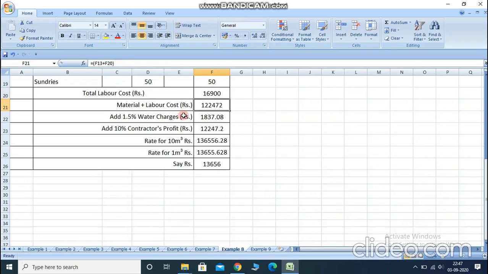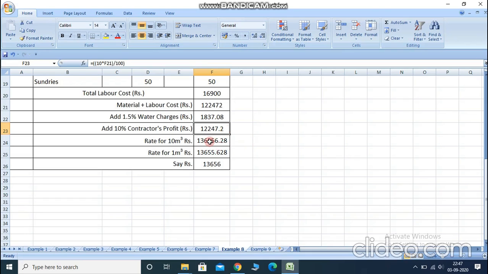Now we include water charges because water is required in RCC work. 1.5% of 1,22,470 rupees gives 1,837.08 as the water charges, and we take 10% of 1,22,470 rupees, which is 12,247, as the contractor profit.